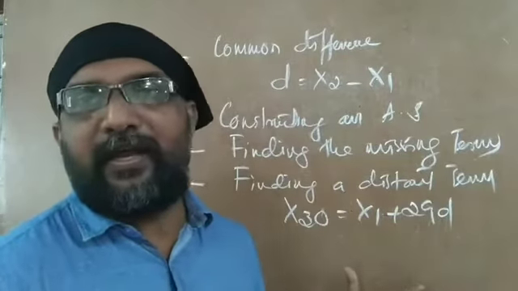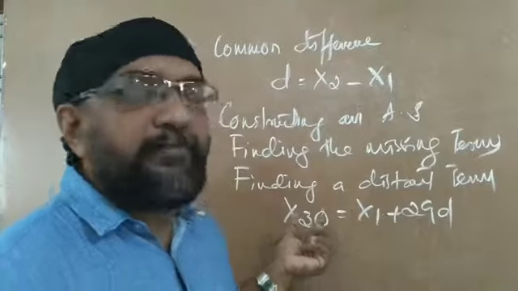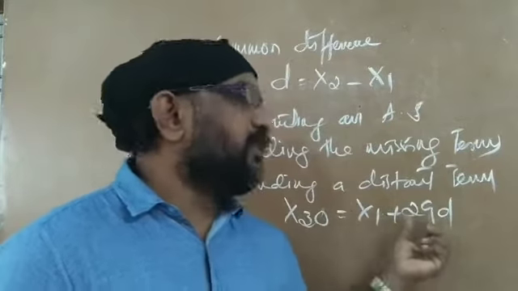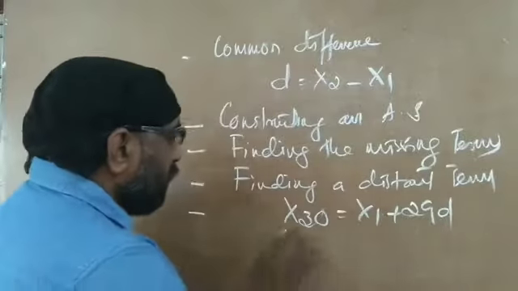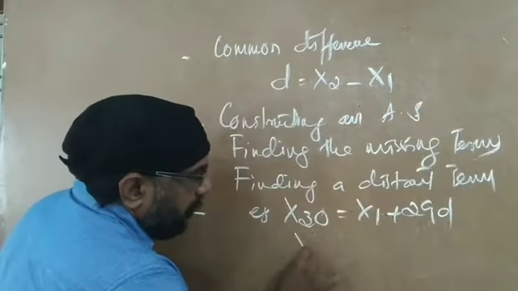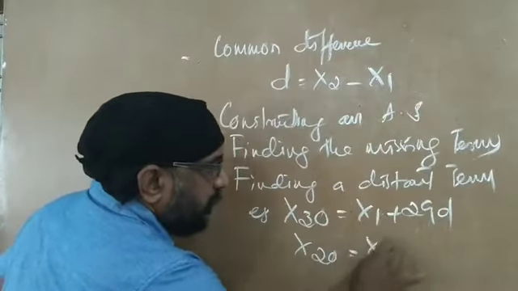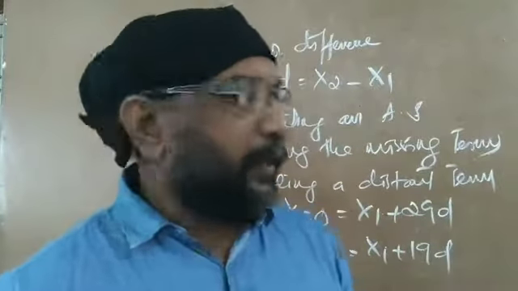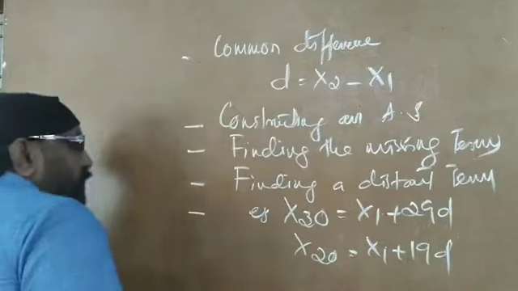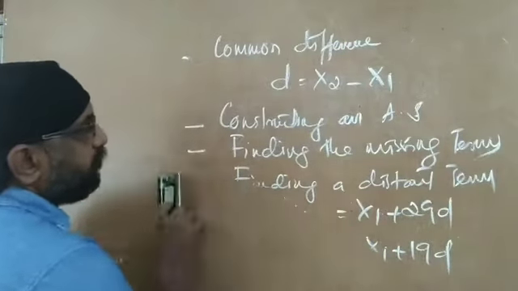So this is the idea. To find the 30th term using the first term plus 29 times d, 30 minus 1. Another example, x20 is equal to x1 plus 19d. Just remember this. So using these ideas, you could find out any distant term.